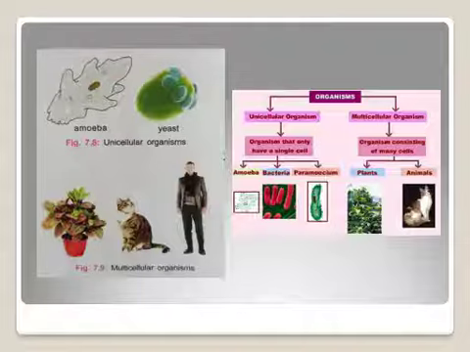For example, all large organisms like cat, dog, elephant, human being, mango tree, sunflower plant, and so on. Different organs perform various necessary functions in the body of multicellular organisms.